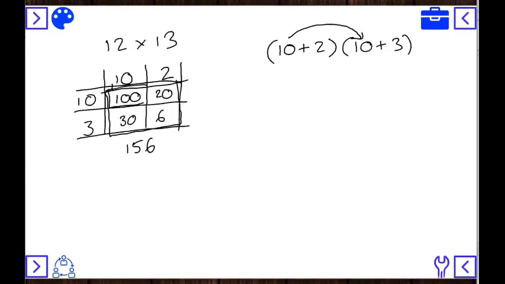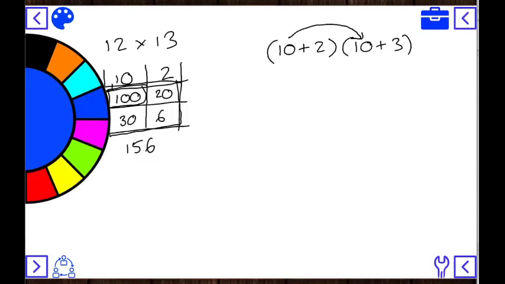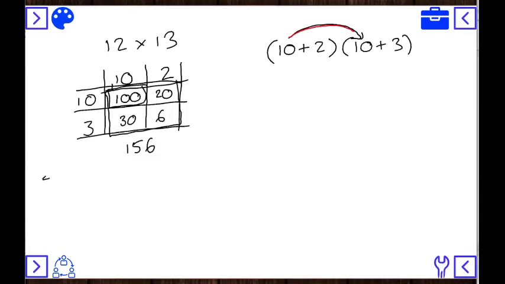So we've got our first arrow, 10 times 10, giving me this answer here. If I now draw in another arrow, 10 times 3, I can see that I've got this box.